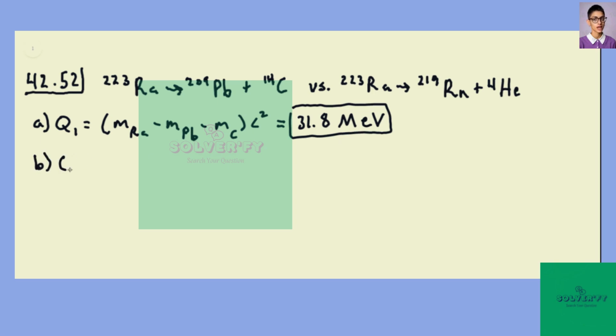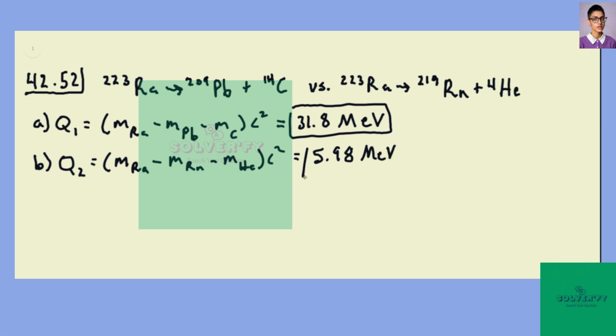Now for our second one, again we have the mass of our radium atom now minus the mass of our radon and helium times c squared. We find that this is 5.98 mega electron volts.